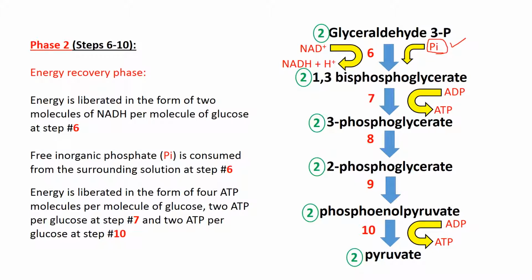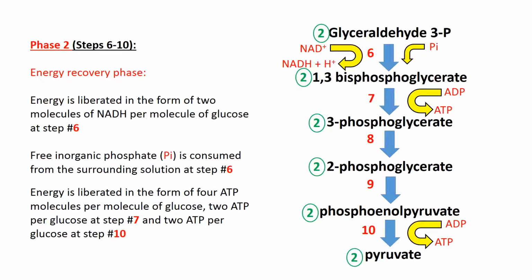Now during this phosphorylation reaction in step 6, electrons from glyceraldehyde 3-phosphate are transferred to a molecule called nicotinamide adenine dinucleotide in the oxidized form. So that's abbreviated as NAD+. The plus indicates that it is in the oxidized form. So this is an example of oxidation reduction.